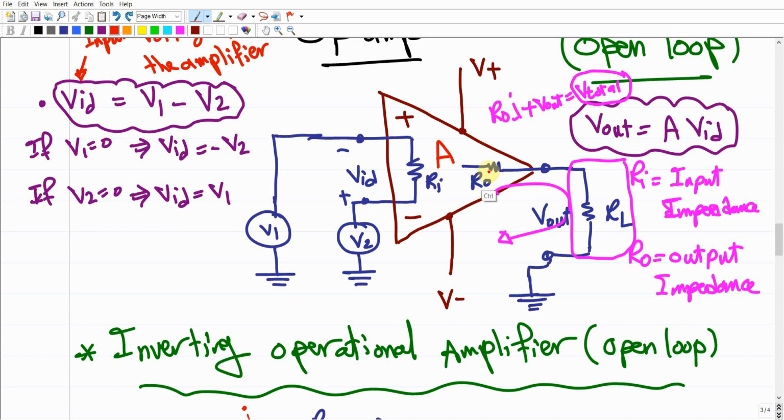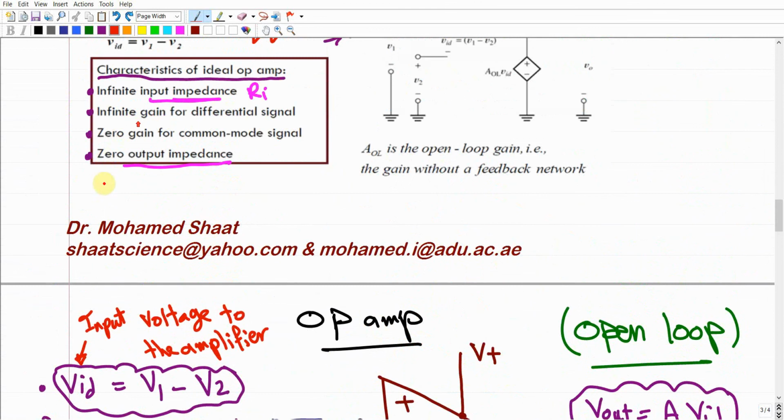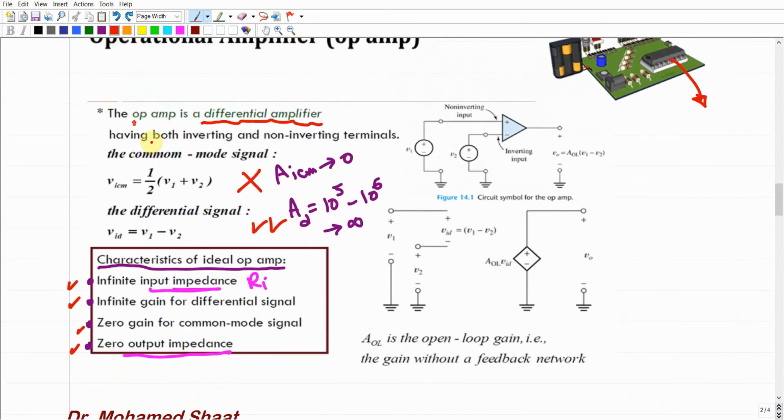So that's why one of the specifications to judge whether we have an ideal amplifier or not is that this R output should be zero. That explains why one of the characteristics of the ideal amplifier is zero output resistance. We already explained these two points, and we explained these two points before on the top here.